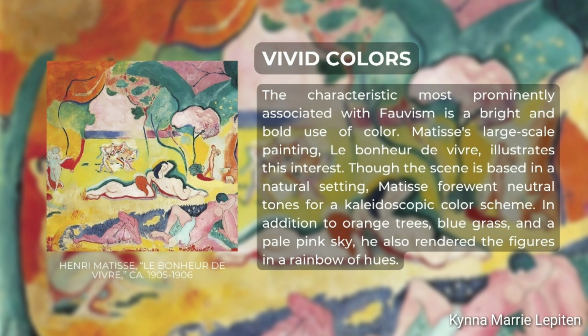Though the scene is based in a natural setting, Matisse forwent neutral tones for a kaleidoscopic color scheme. In addition to orange trees, blue grass, and a pale pink sky, he also rendered the figures in a rainbow of hues. As you can see on the left, it is the artwork of Henri Matisse called Le Bonheur de Vivre, 1905 to 1906.